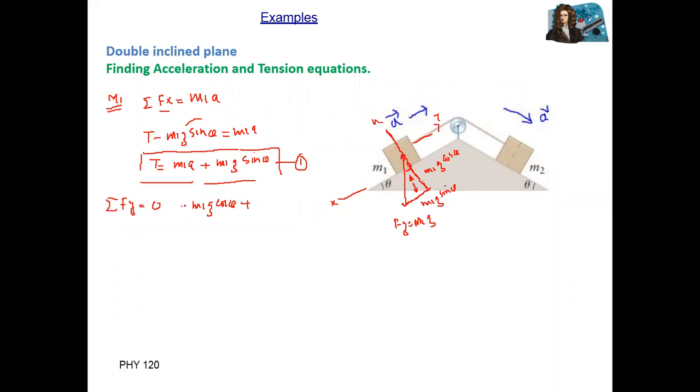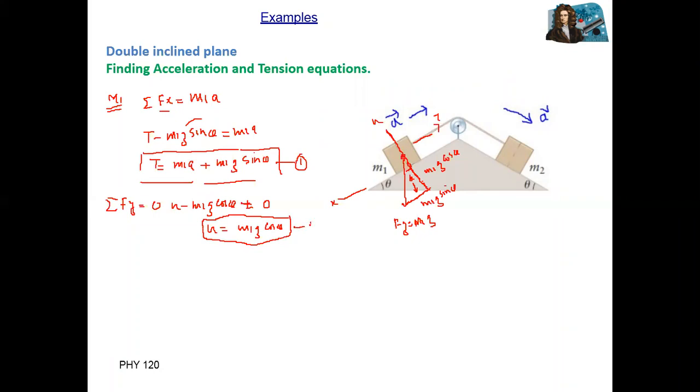Sorry, this one is minus. So n minus m1g cosine theta equals 0. From this you can find n is equal to m1g into cosine of theta. This is the normal force.